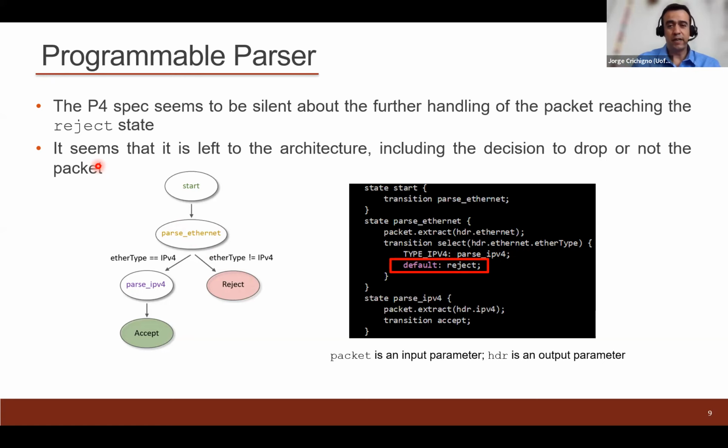When I was preparing this slide, I was suspecting the packet would be dropped, and apparently that's what happens, but the specification doesn't say that. So it seems that it's left to the architect. For example, if Intel is implementing Tofino hardware, it's up to them what to do when the packet reaches the reject state. So that's something about the reject.